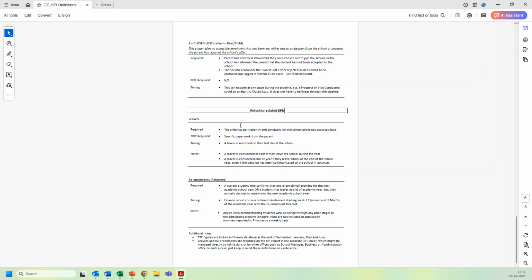So in such a case, it's just for you, FYI, because for those of you who handle the weekly KPI report, you know that the weekly KPI report is made of two sheets: the sheet with the information about the new students and the sheet with the information about the returning students. So in any case, even if the returning students are not under your responsibility, I think it's good to know what kind of information we're asking there.